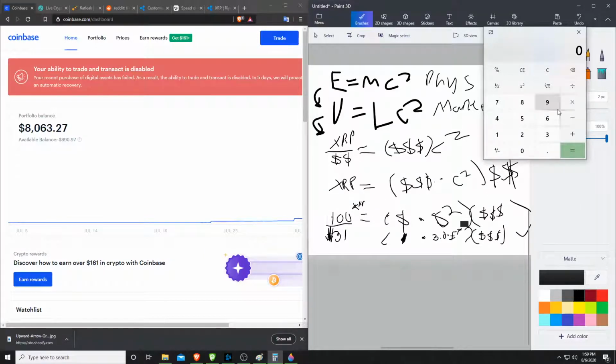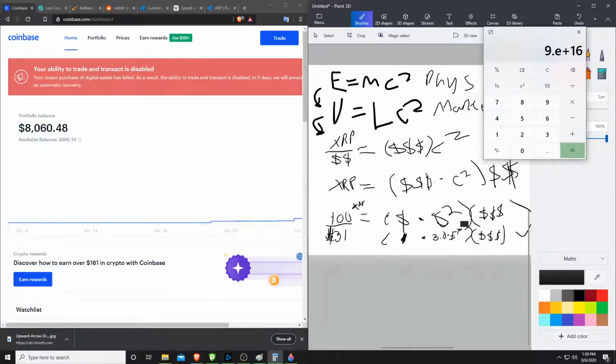So 100 XRP is equal to $1 times 300 million meters per second squared, multiplied by the number of dollars that we put into the XRP.